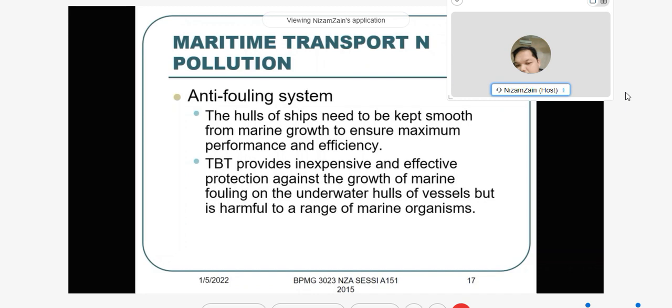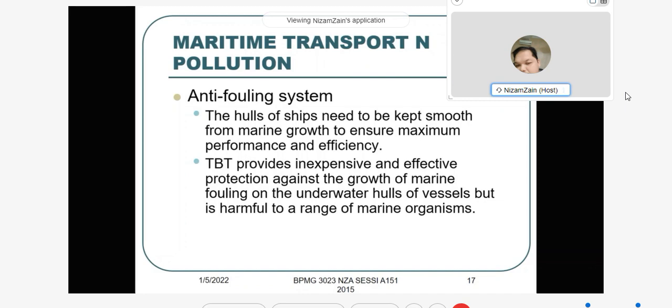The effect is that they have many fouling microorganisms that will stick to the body of the ships. And usually it's reef, coral reef, barnacles and so on.